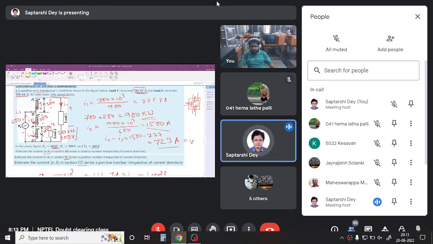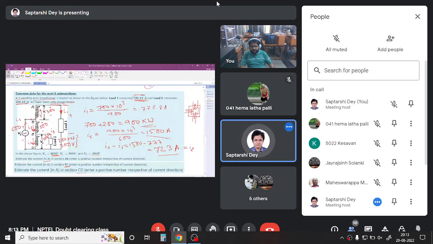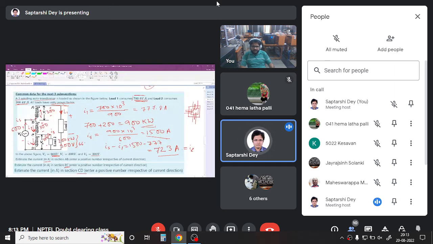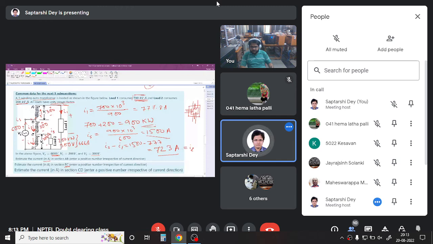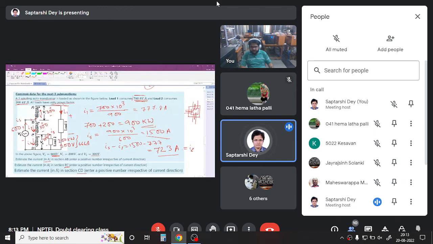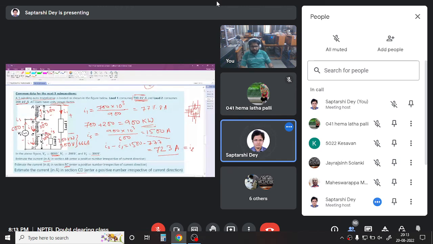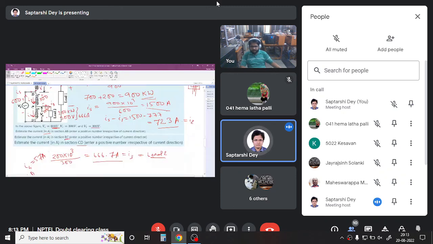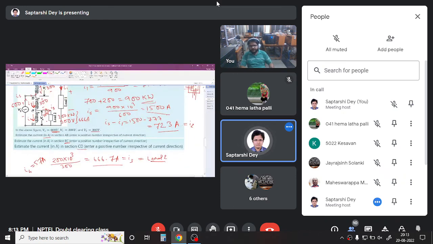So from here we found out the load 2 will draw 666 ampere of current. So this branch will be drawing 666 ampere of current. 723 ampere of current was coming down here, out of which 666 goes away. The rest, which is around 57, that goes in this winding of the transformer.